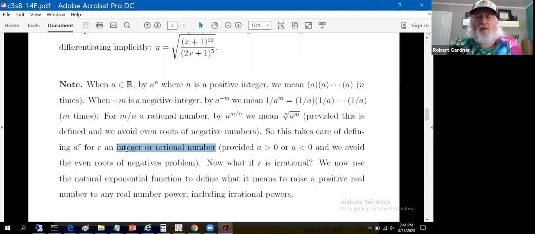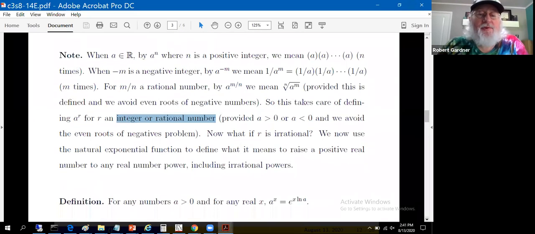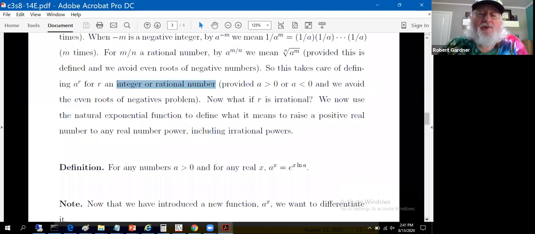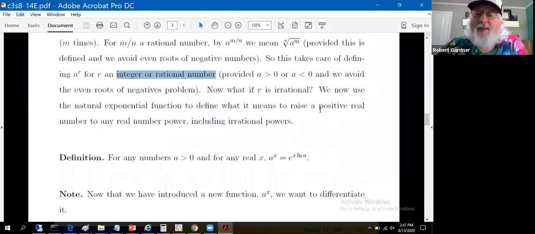What about irrational numbers? What if the exponent is irrational? We mentioned this, I think, in the chapter 1 preliminary material. Well, we're about to use the natural exponential function to define what it means to raise a positive real number to any real number power, including rational numbers.